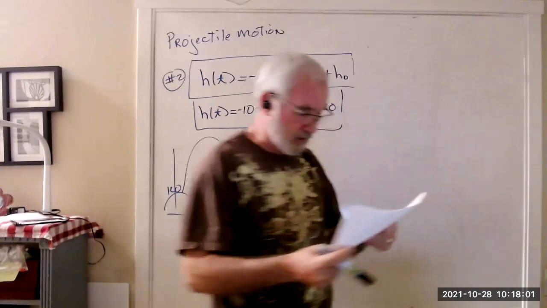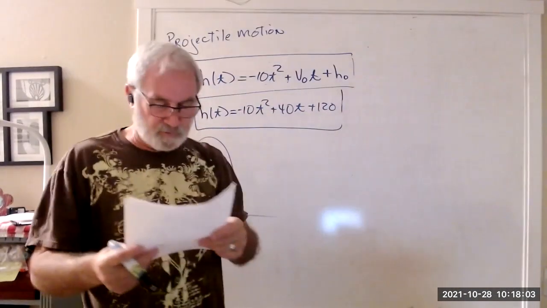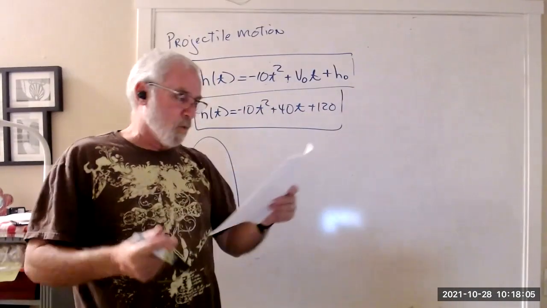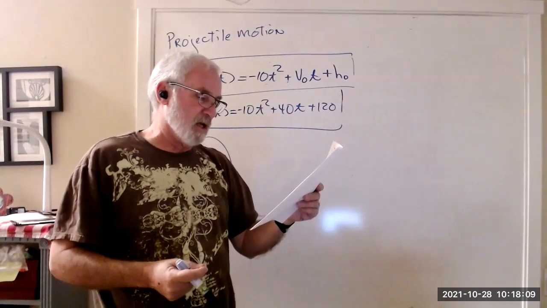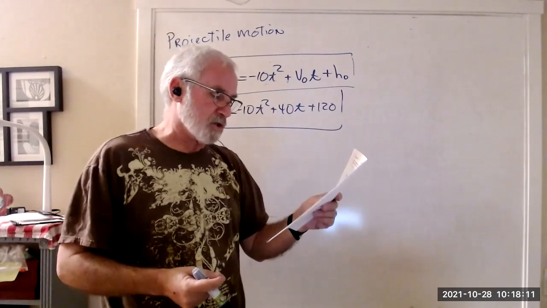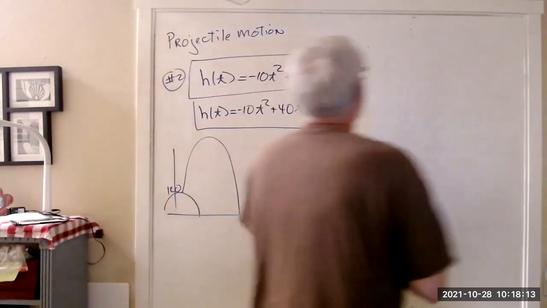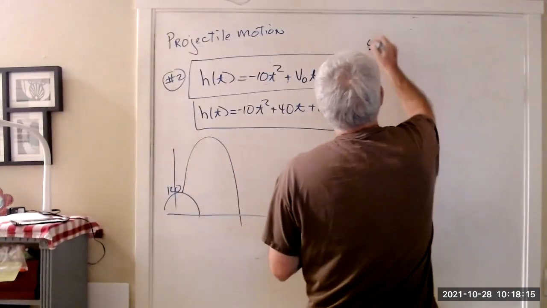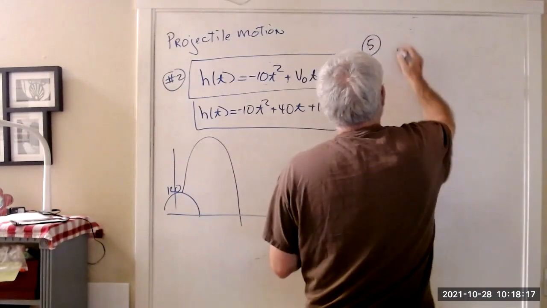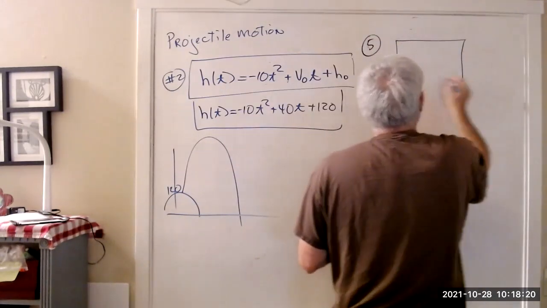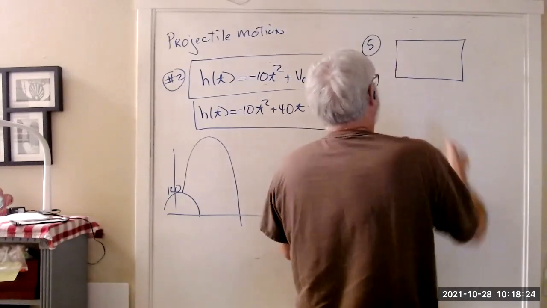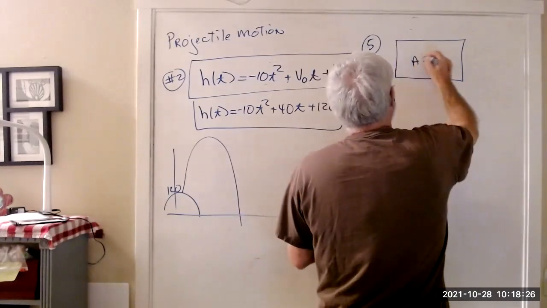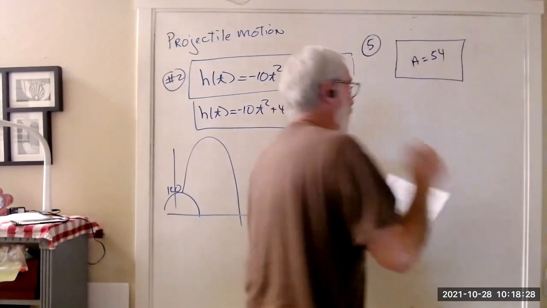Okay, number 5, a rectangle has an area of 54 meters squared. One side is 6 less than its adjacent side. Find the length of the shortest side. All right, so number 5, first thing, if I can draw a picture, I do draw a picture, always. So it says I got a rectangle. I know that the area of this rectangle is 54.